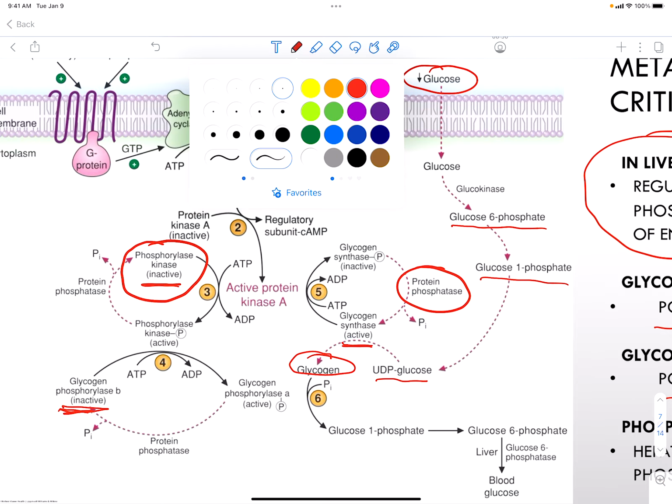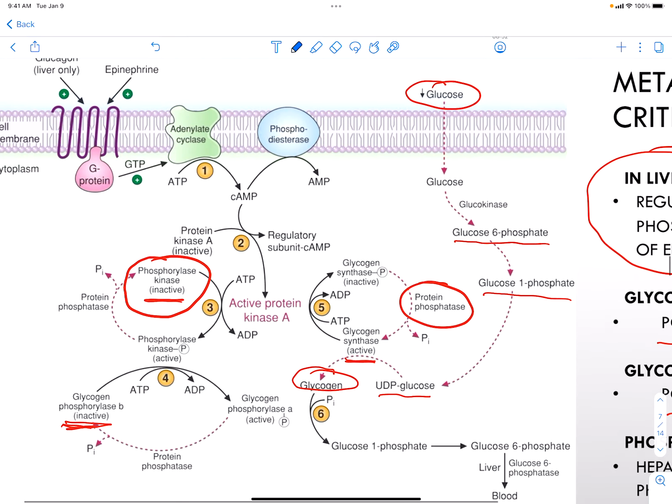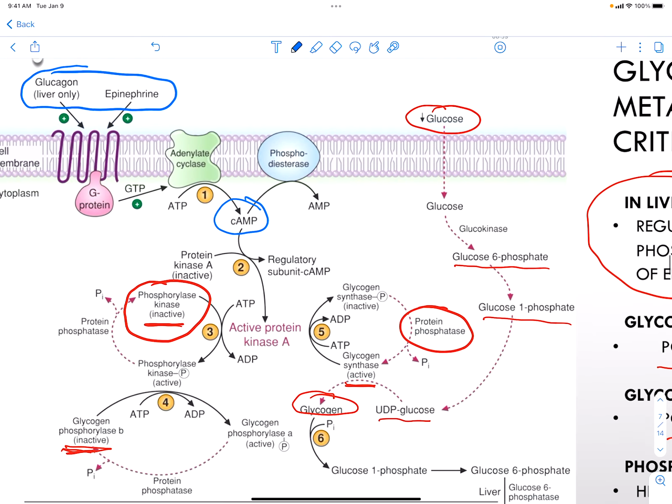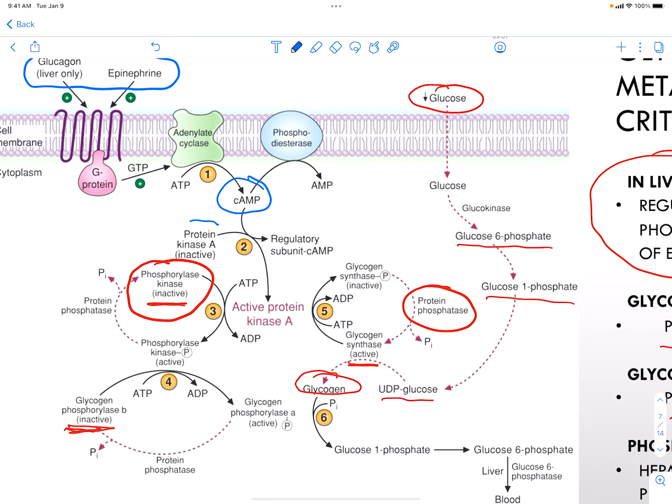Now the opposite is going to happen, of course, when you have your glucagon or epinephrine signaling. And in this case, you're going to get cyclic AMP, and this is going to activate protein kinase A. And then protein kinase A is going to phosphorylate phosphorylase kinase.